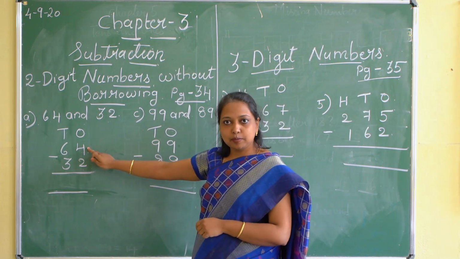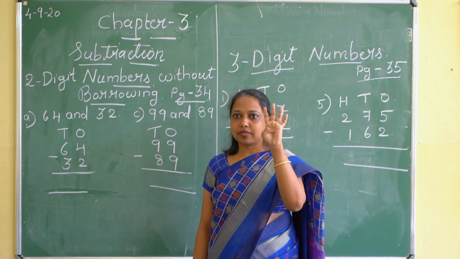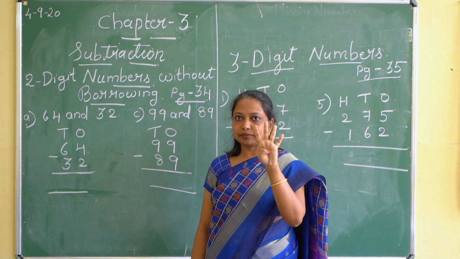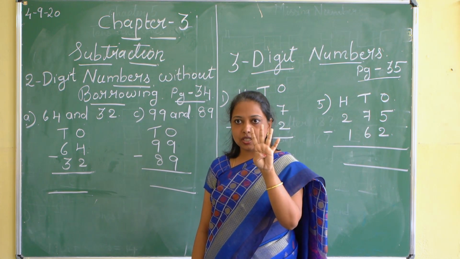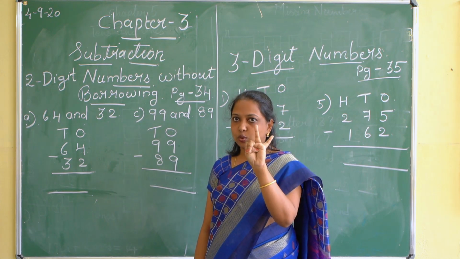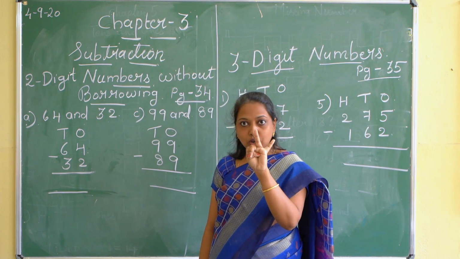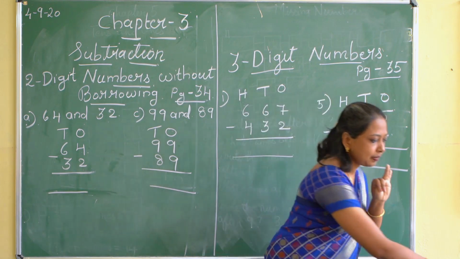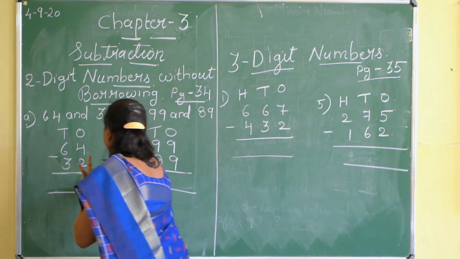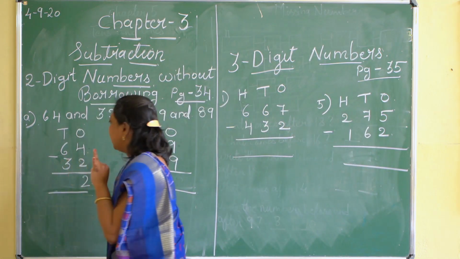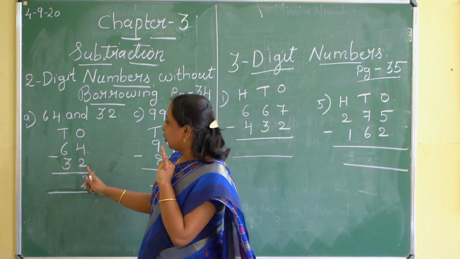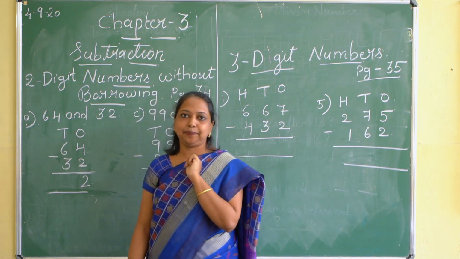First you start from 1's place. 4, take 4 fingers and fold 2. What did you get? 2. Now we will go to 10's place.